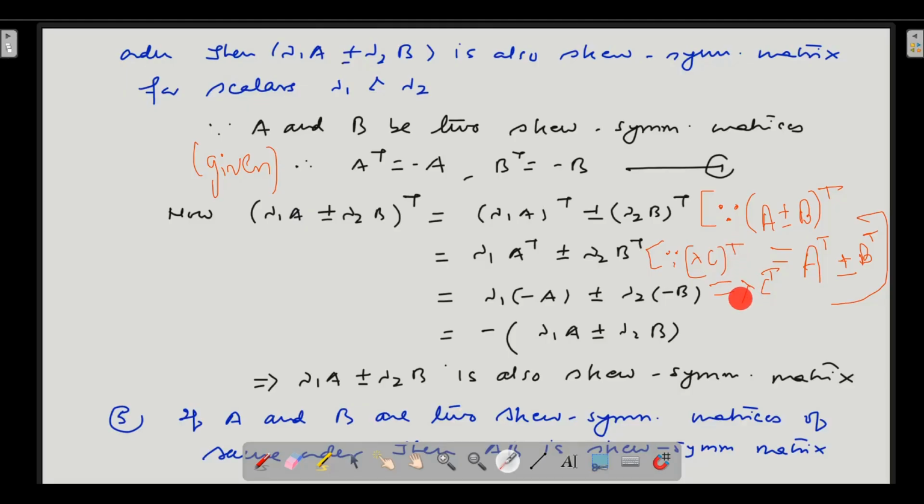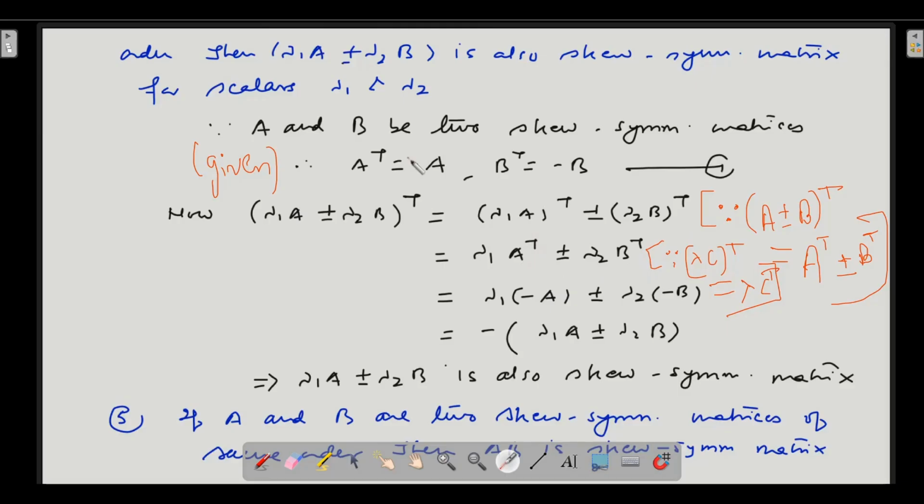So (λ₁A) complete transpose is equal to λ₁A transpose. Lambda can be taken out by this property. Similarly, (λ₂B) complete transpose is equal to λ₂B transpose, by using this property.